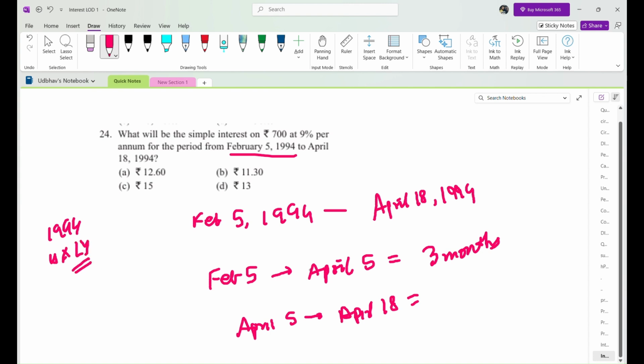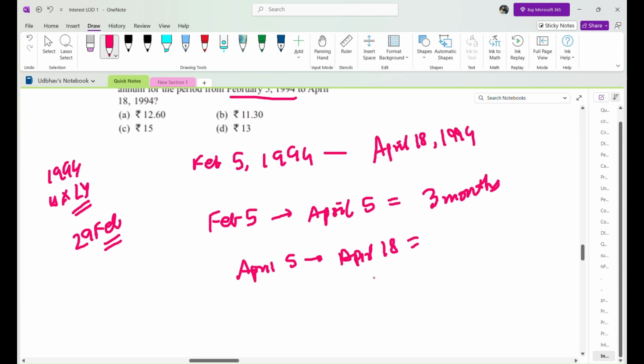If it was a leap year, then we would add one more day, because then it would include 29 February also. But as it is not a leap year, because 1994 is not divisible by 4. So from April 5 to April 18, we have how many days?